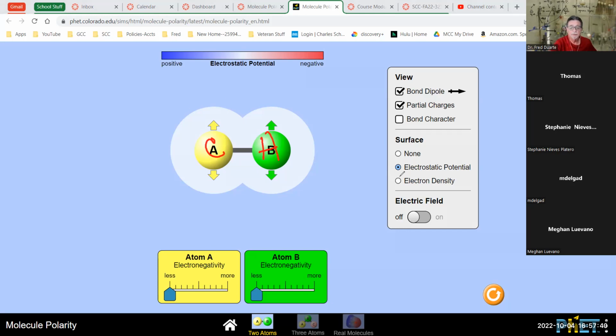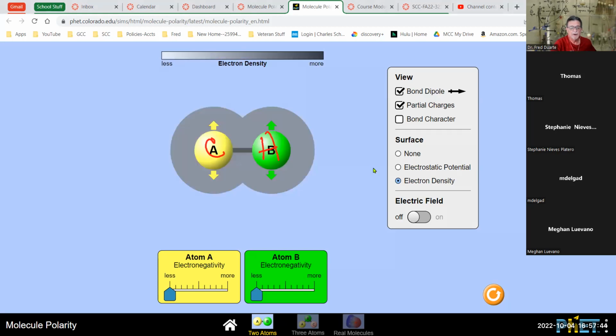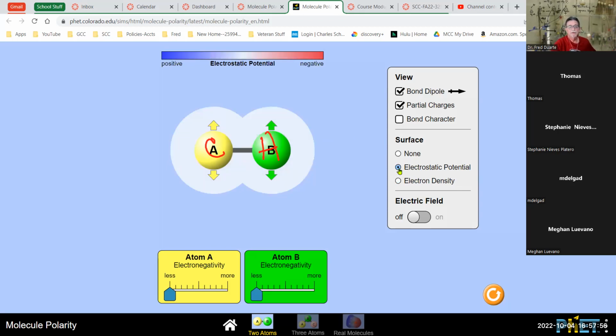And if I were to do electron density, which is maybe a little bit better here, that gray area you can see is symmetrical. That gray area represents the electron density around the A and the B, okay? The blue is the same thing, you can say it's symmetrical.